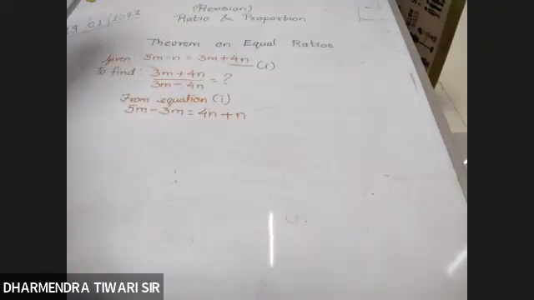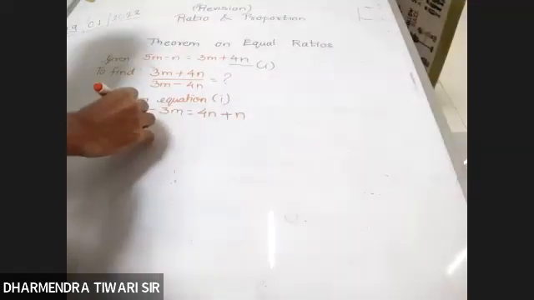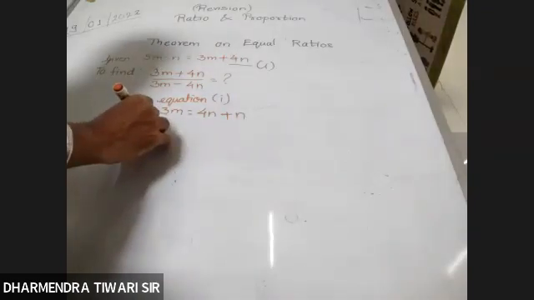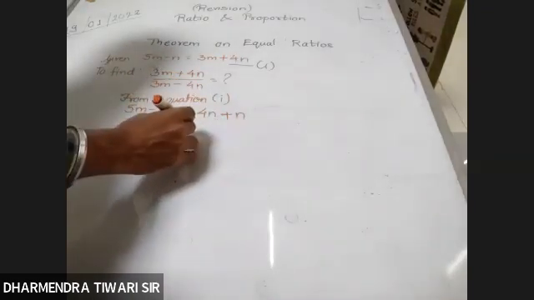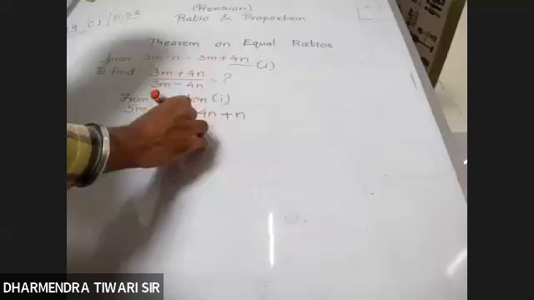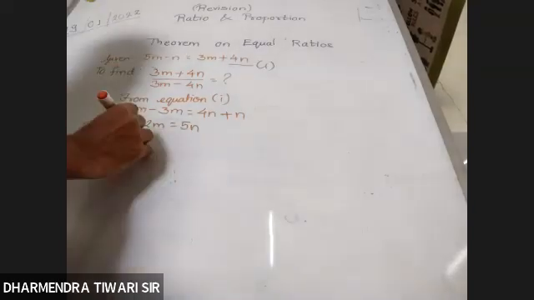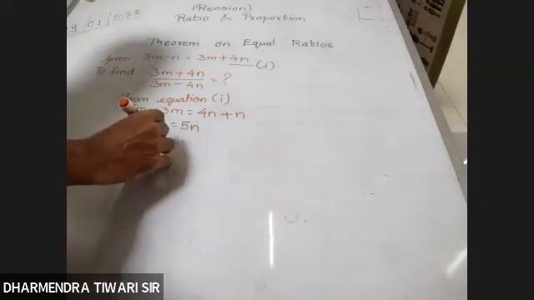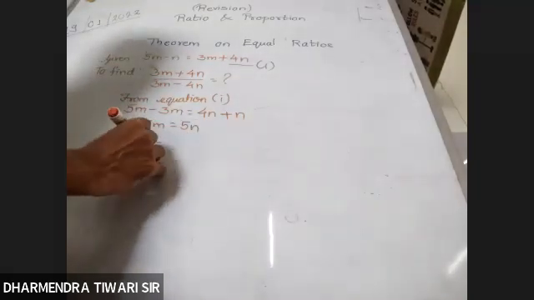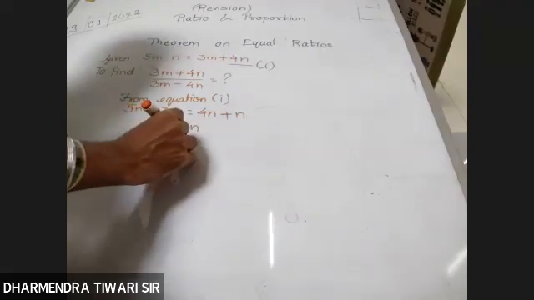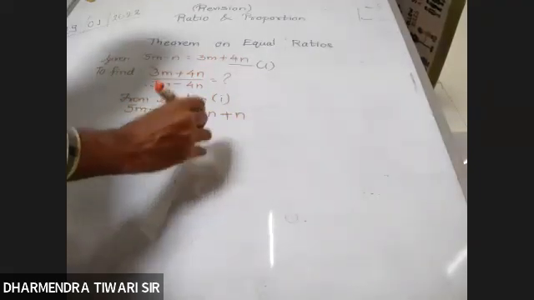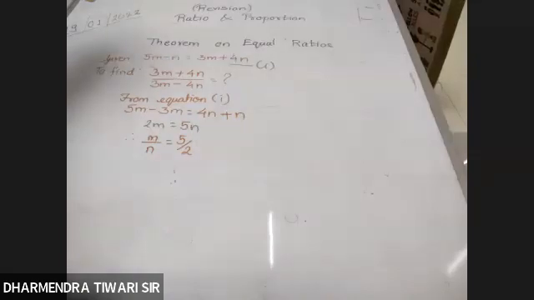So 4n plus n. So 5m minus 3m is 2m and 4n plus n is 5n. Ultimately we want the value of m by n. So we will take 2 to the right hand side and n to the left hand side. So m by n becomes 5 by 2. Hope you have understood this.